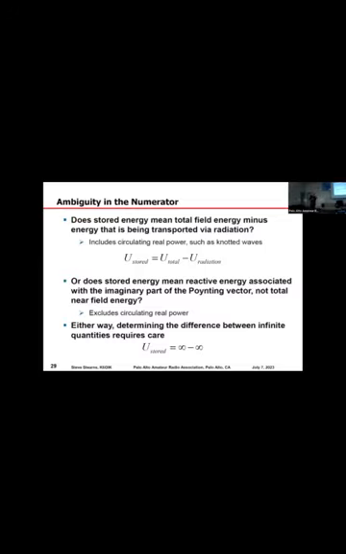With fields, you can have energy that's stored in the fields that's reactive because electric and magnetic fields are out of phase, but you can also have energy that is not reactive, but real energy, but isn't traveling out to infinity. It's traveling in a path that's closed on itself. We call this situation a situation where the Poynting vector is a solenoidal field.